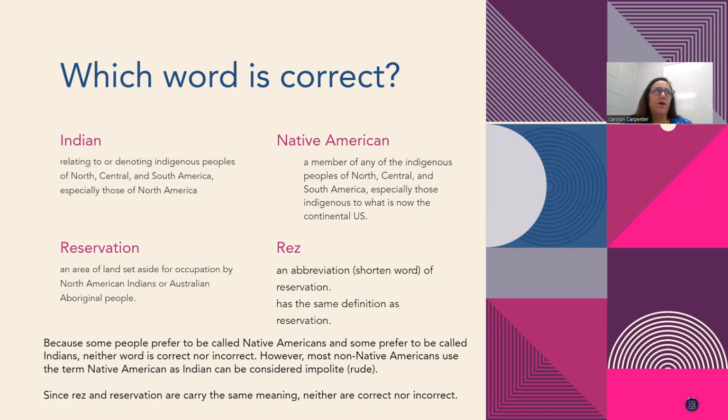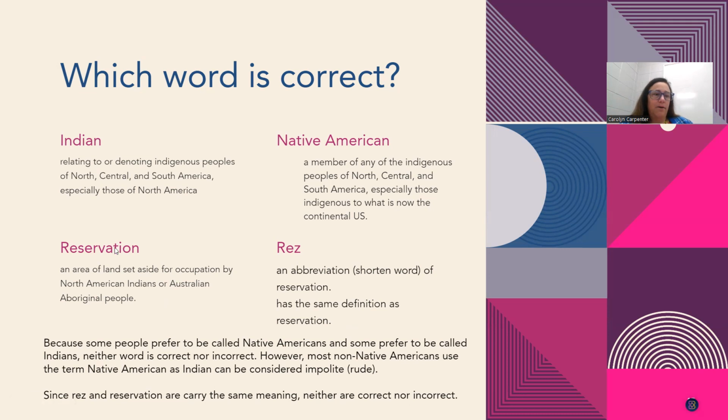So basically a reservation is a place where only Native Americans can live, and no one else can live there unless the Native American people say so, which is going to be very rare probably. And then we have the word res. Res is just an abbreviation, a shortened form of the word reservation. It has the same meaning, the same definition as reservation.